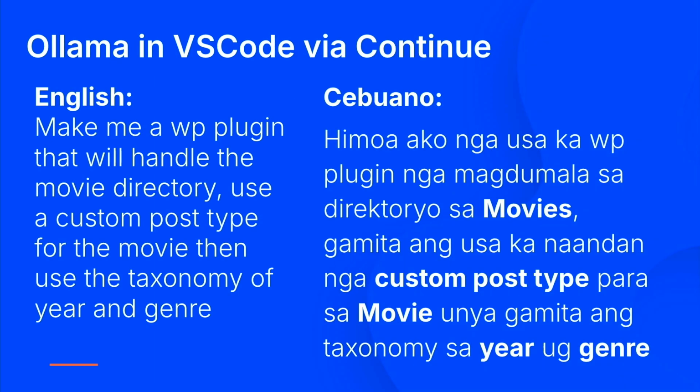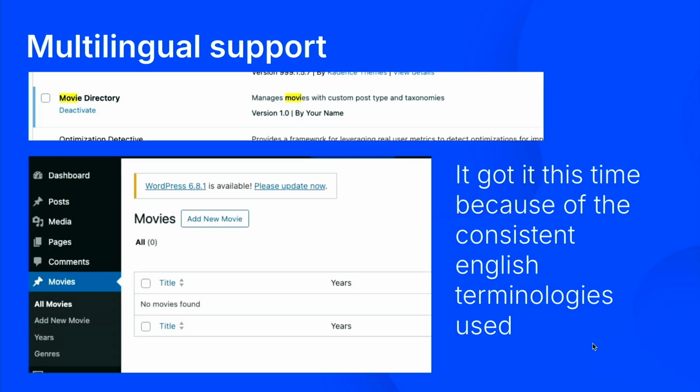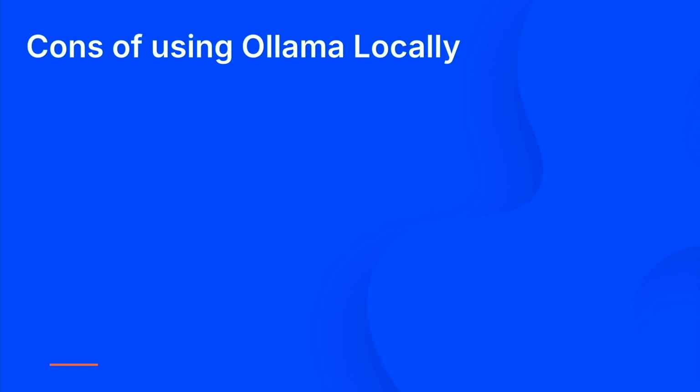But when I tried again using more generic ones, or English ones, like the movies custom post type, movie year and genre, I was surprised it was able to generate the plugin that I was expecting.